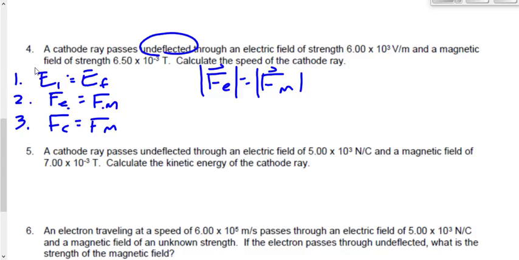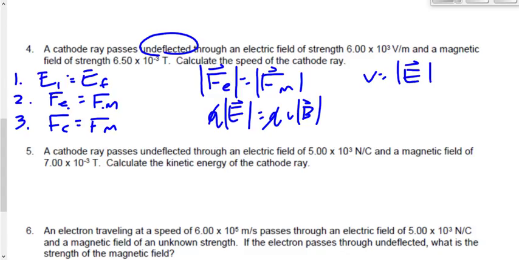All right, so this is what we got here. Chamber number 2, or the velocity selection chamber, Fe is equal to Fm, or qE is equal to qvB. The q's cancel. Left with E is equal to v times B, or I can rearrange that and solve for v, I get E over B. Now I've got my numbers, just sub them in and solve it fairly easily at this point. E is 6.00 times 10 to the 3.